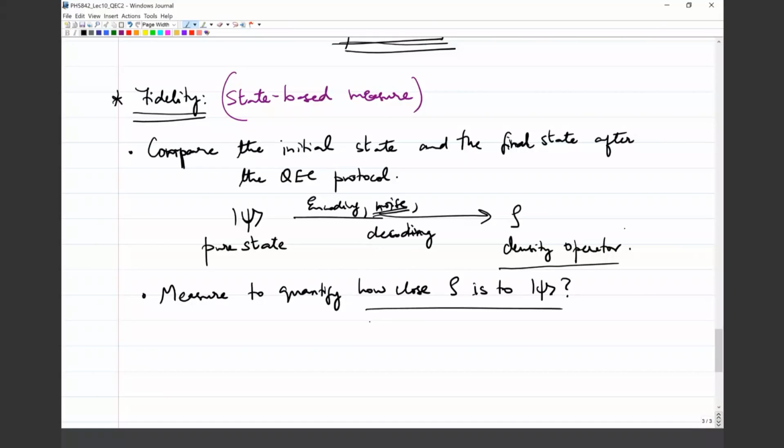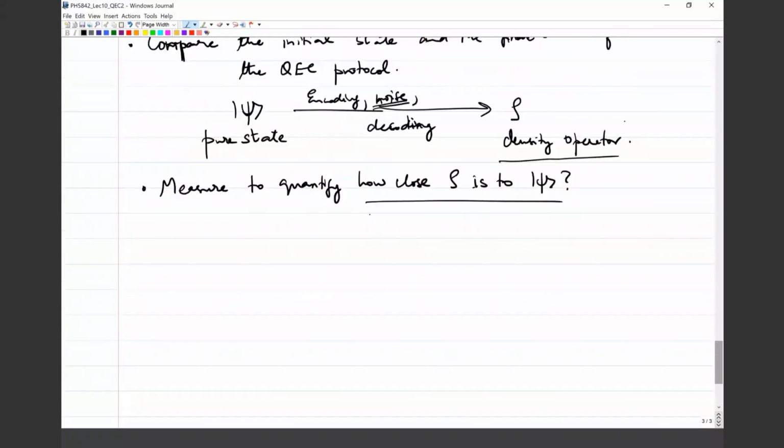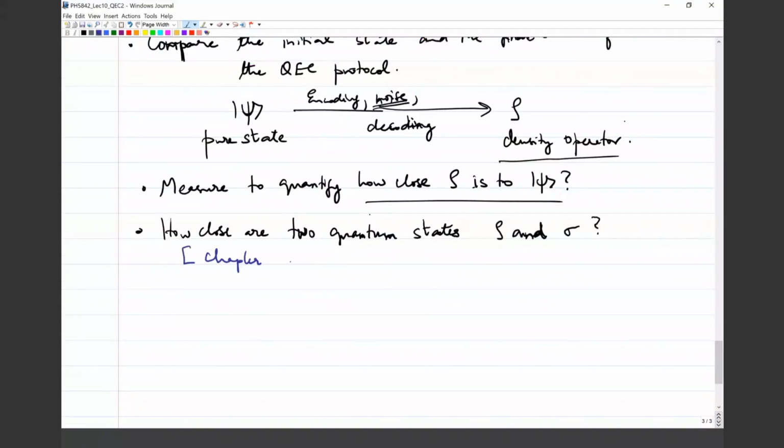Now this, as I said, is a very important question in quantum information in general: how close are two quantum states, rho and sigma? So let's start with a more general question. All of chapter 9 of Nielsen and Chuang addresses this question in various ways.